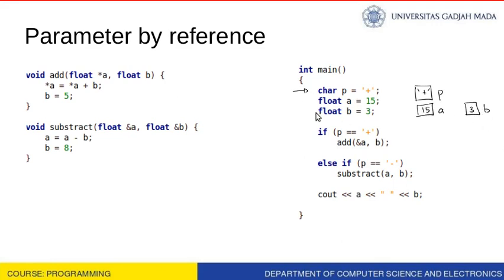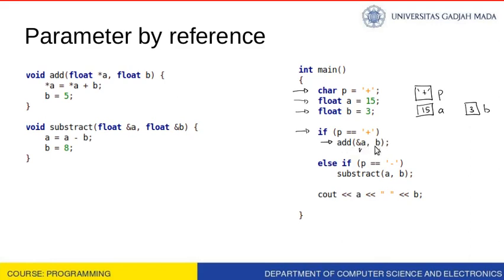Then it goes to the fourth line. P is equal to plus, so this is correct. Then it will do the function call add, and this is the parameter.